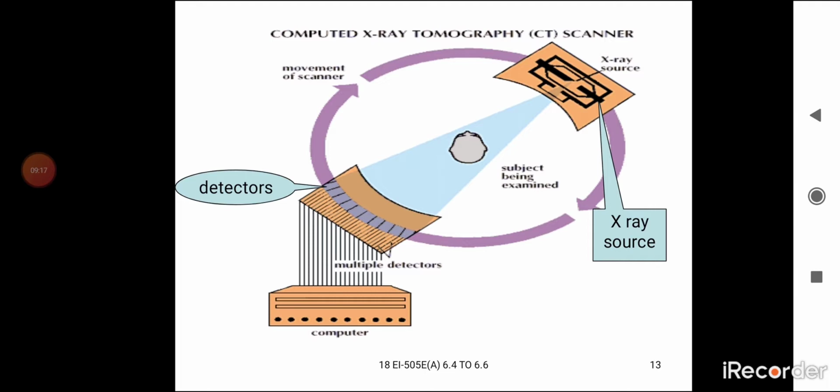Here the X-ray tube is mounted on the gantry. The X-ray source is rotatable, where 1,000 detectors are arranged around the gantry opposite to the X-ray source.